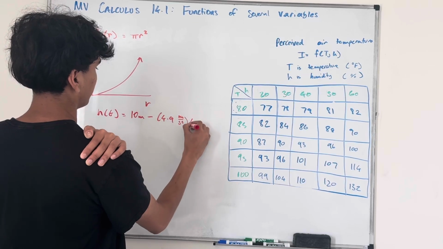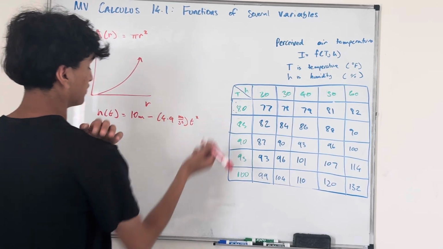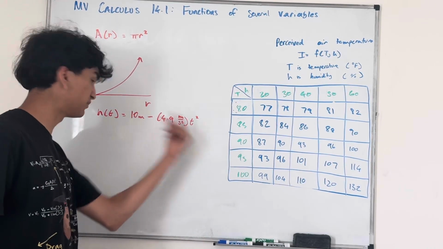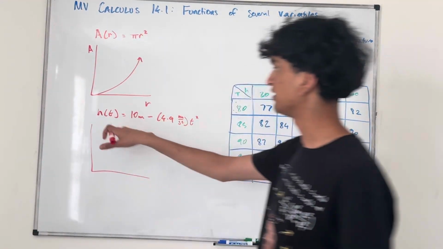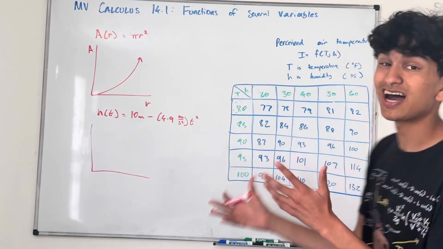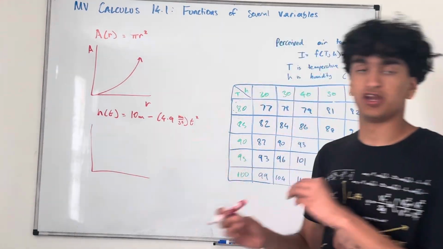You would get 4.9 meters per second squared times t squared. This is a function, right? This gives me an output height for some input time. And that's the whole idea of a function.